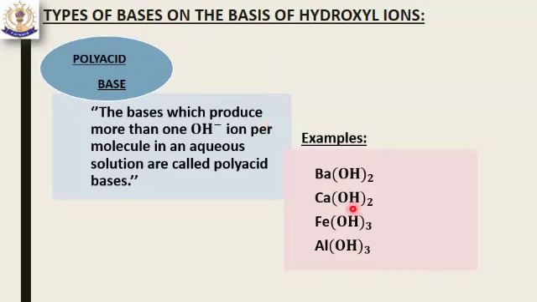Calcium hydroxide also has two hydroxyl ions, so that's why they are called polyacid bases. Poly means many. Similarly, iron hydroxide has three hydroxyl ions and aluminum hydroxide has three hydroxyl ions. These are called polyacid bases because these molecules can neutralize more than one acid molecule at a time to form salt and water.